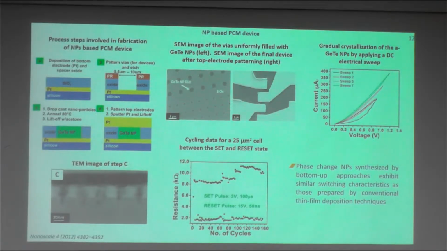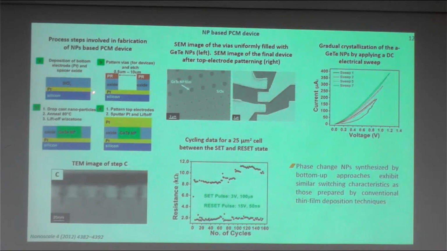So there are also reports on the device integration of nanoparticles. Here you see how the germanium telluride nanoparticles were integrated into the PCM device. Again, here you need a lithography unit, and these are different steps shown here.